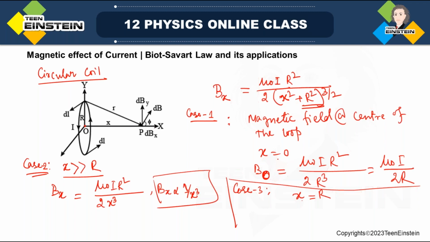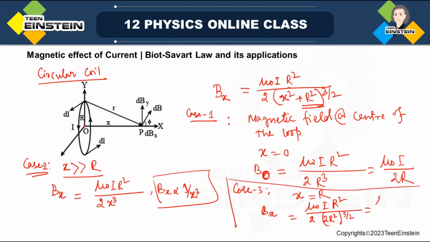In that case, how do you get it? See, Bx will be mu0 I, let us take this as R square itself, and x also as R square. Then we will get 2R square whole to the power 3 by 2.